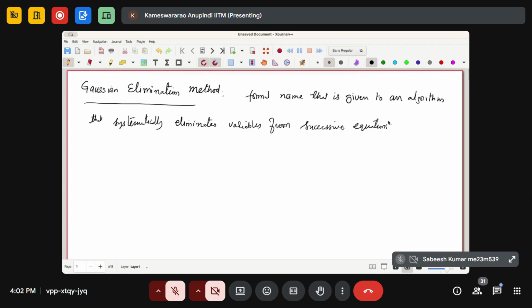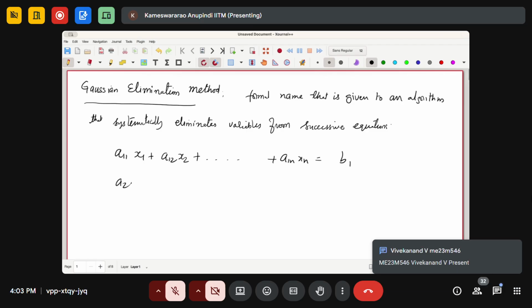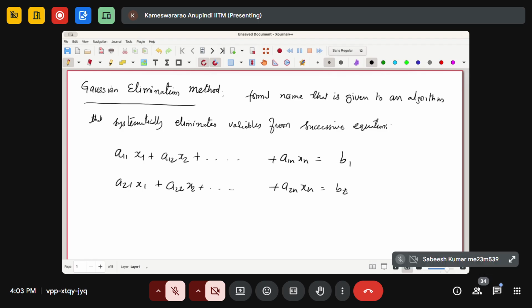Okay, so we said a general system is essentially a11 x1 plus a12 x2 and so on plus a1n xn equals b1, and a21 x1, a22 x2 and so on, a2n xn equals b2. And so on.